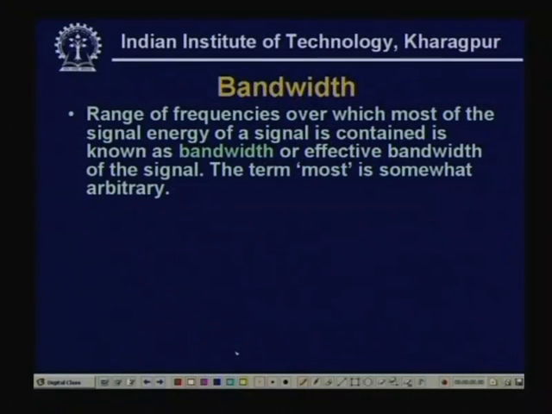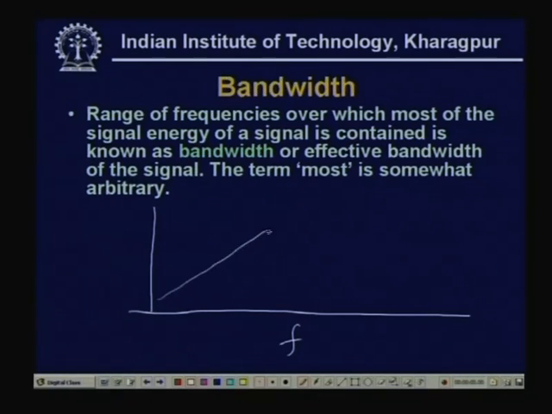So, here is the information about bandwidth. Suppose you are interested in representing the bandwidth. This is the frequency domain representation, and this side is essentially signal strength or amplitude.